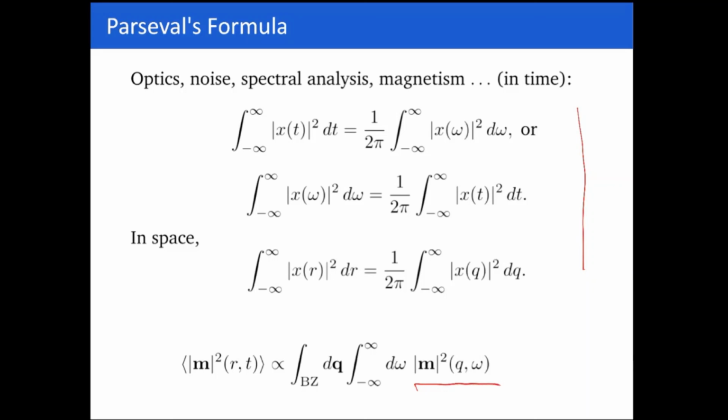So if we want to capture this fluctuating moment squared, we have to integrate this over all q's, or all relevant q's, and all energies. The relevant q's are the q's in the first Brillouin zone, and the energies are all energies from minus infinity to infinity. So that's what you have to do to get this m squared experimentally.